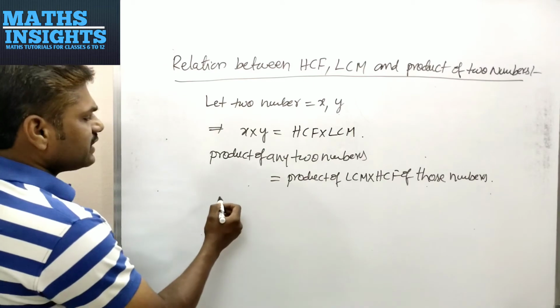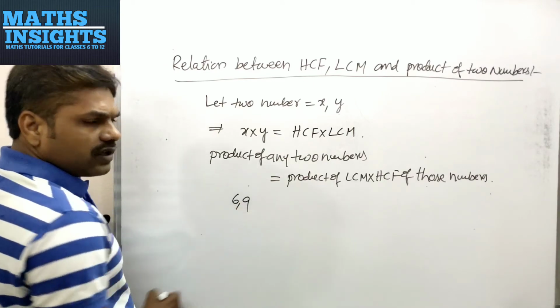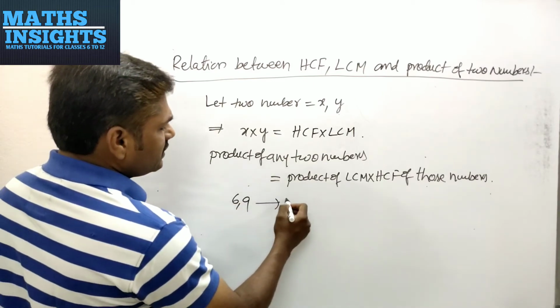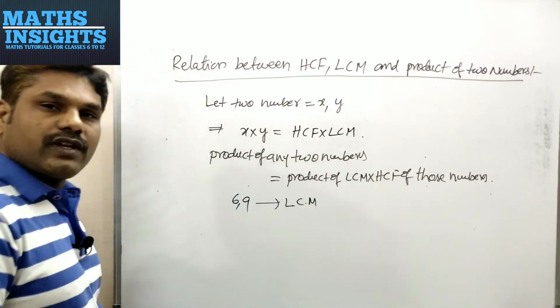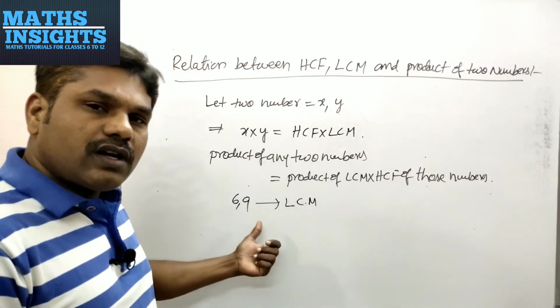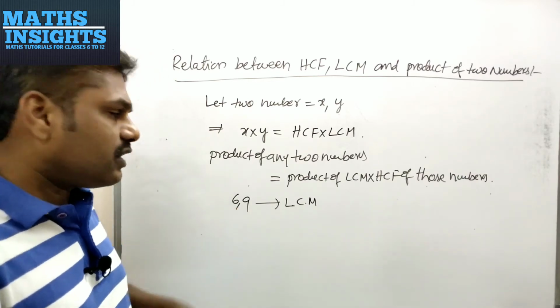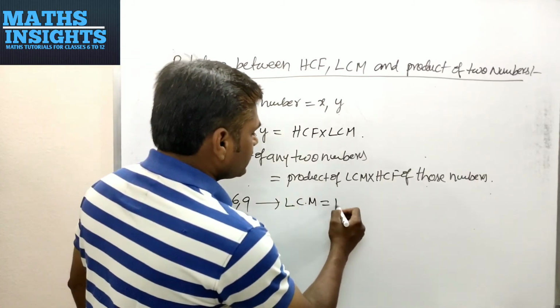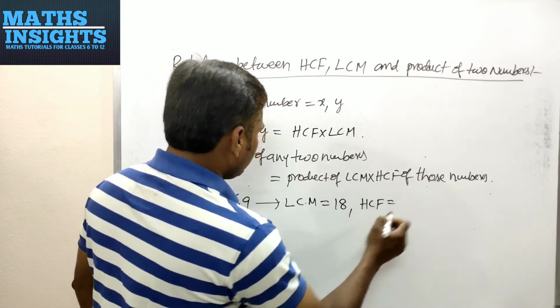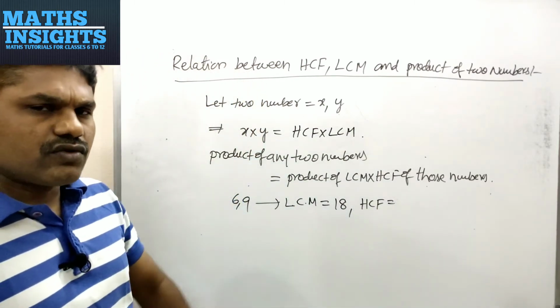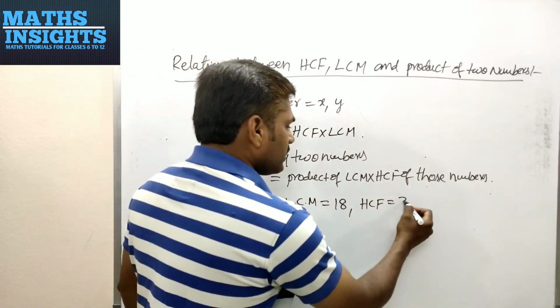I am taking 6 and 9. Suppose you take 6 and 9, what is the LCM? Which is divisible exactly by these numbers, that is nothing but 18. And the HCF, that is 3.